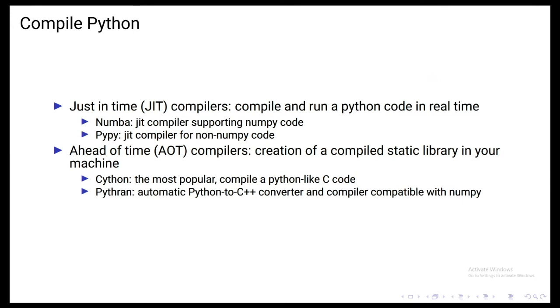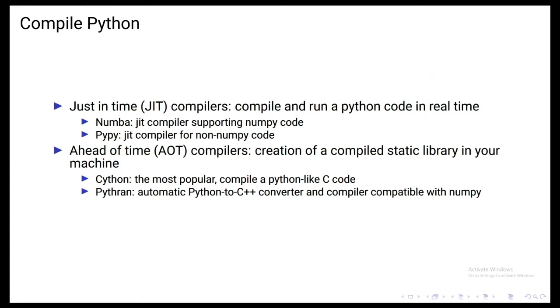And then you have what are called ahead-of-time compilers, which is basically a more traditional compiler. You have a piece of code, you compile it, you get a binary, and then you run that binary that you compiled at some point.